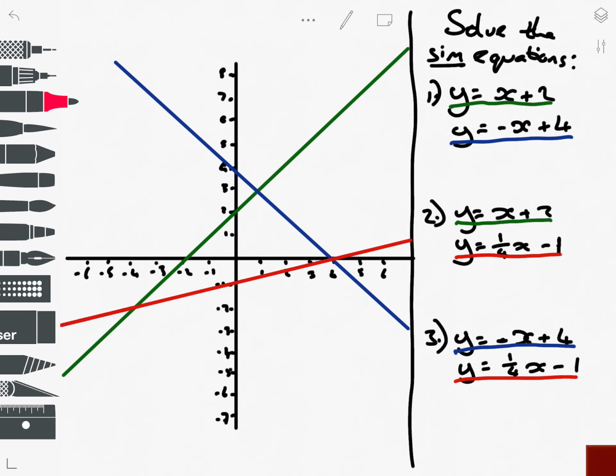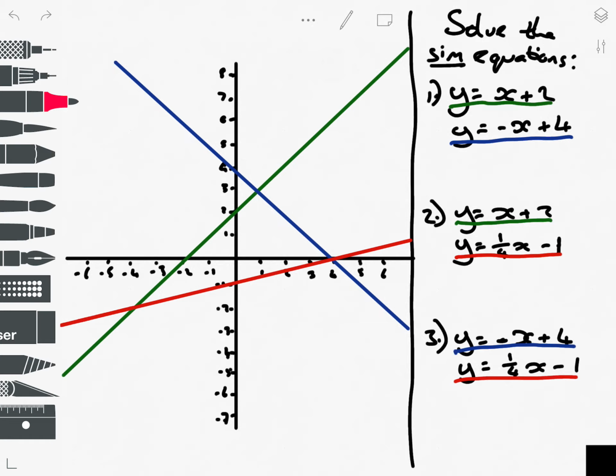Okay, and we can double check them by checking their gradients. For green, the gradient is just 1. So it should be going up steadily 1 at a time. Yep, we can see that it looks like it is. Then blue has a gradient of minus 1.